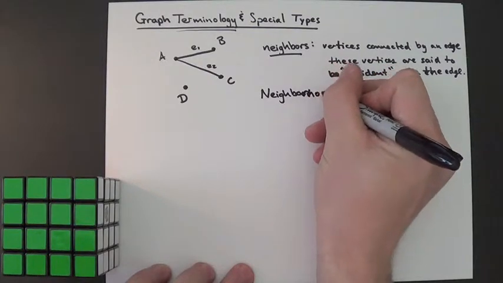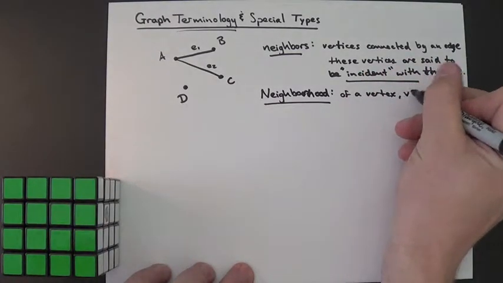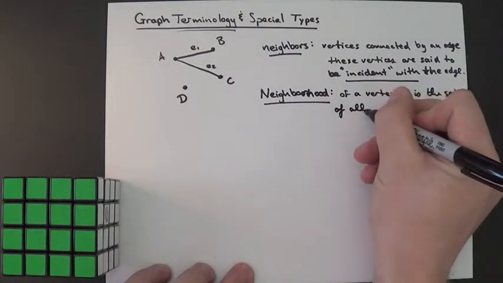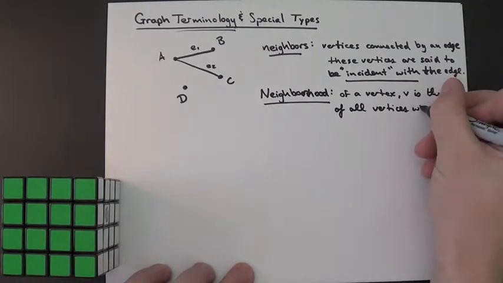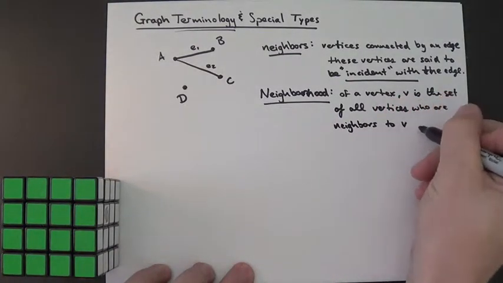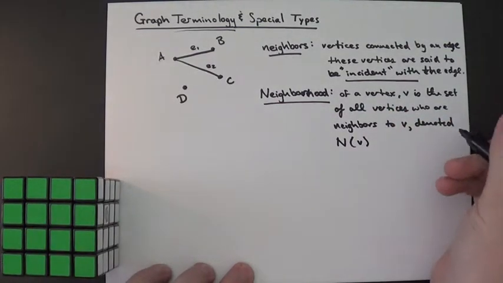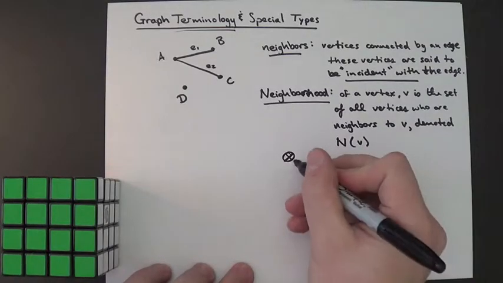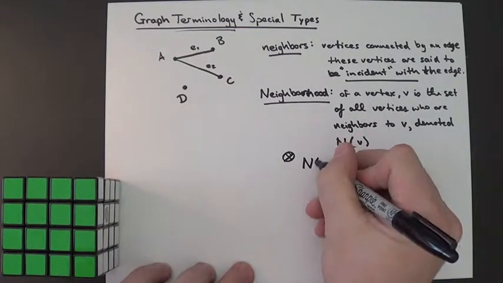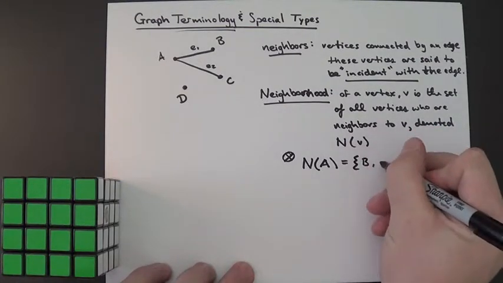Neighborhood of a vertex V is the set of all vertices who are neighbors to V, denoted N of V. As an example, in this graph over here, the neighborhood of A is the set containing vertices B and C.